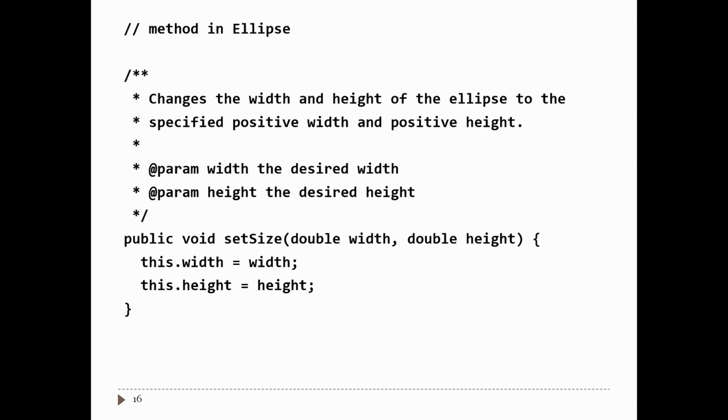Now, someone who's writing code using your Ellipse class is allowed to depend on this contract. They read the contract of the method and say, oh, hey, this changes the size of the shape, and furthermore it promises to change the size to those specific values. Whoever's writing code using your class is allowed to, or should, assume that this is the case. They read the contract, and they write their code according to it.